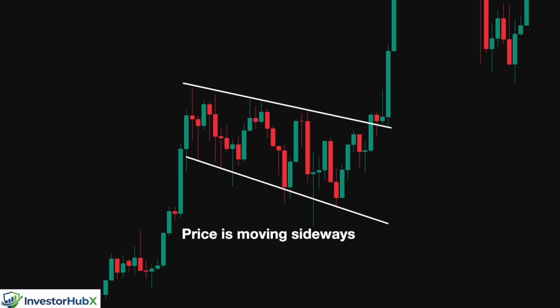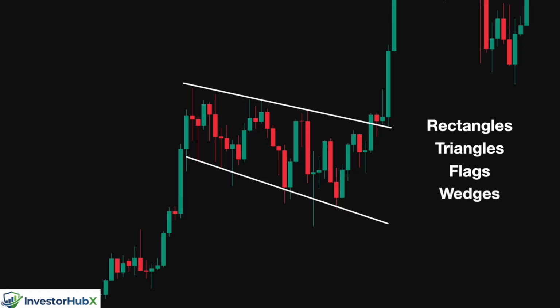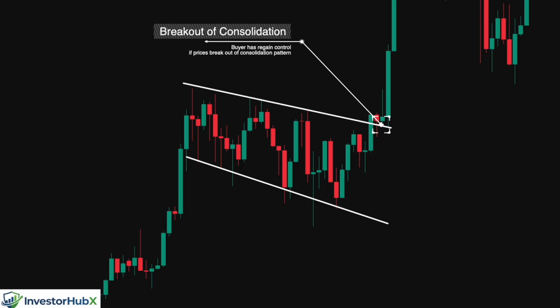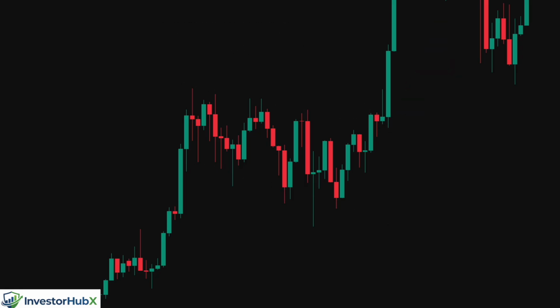During this phase, price often forms common chart patterns such as rectangles, triangles, flags, or wedges. Consolidation reflects market indecision, as buyers and sellers temporarily reach a balance. When price eventually breaks out of the consolidation pattern, it signals that buyers have regained control. In a bullish environment, a breakout to the upside confirms that the bull market is continuing.